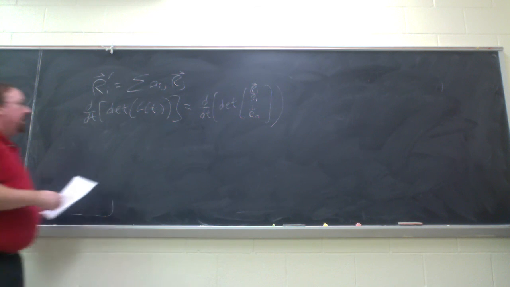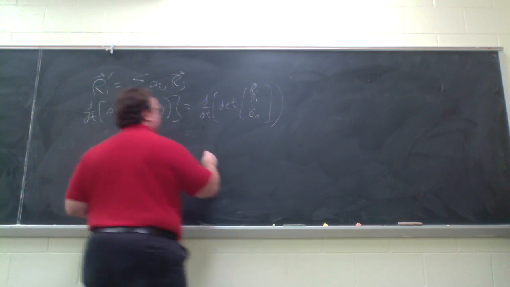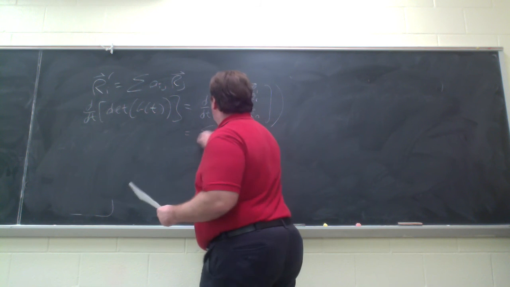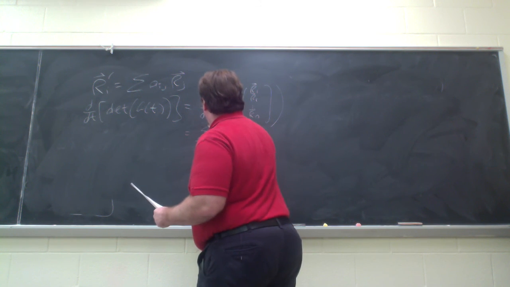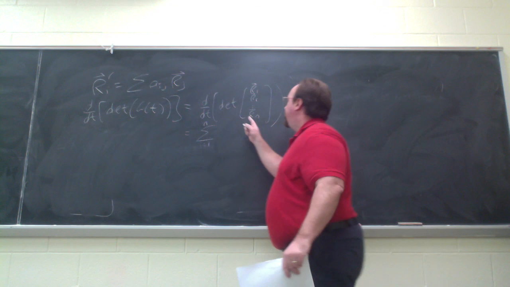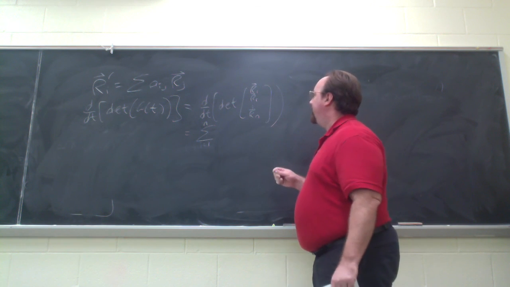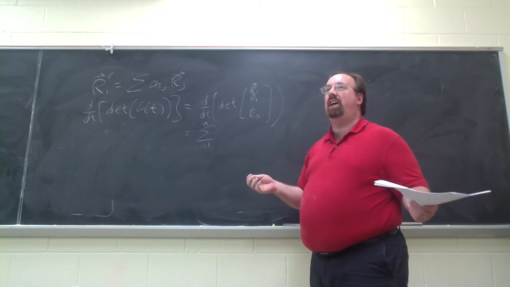Now, what happens is, and you're going to have to take this on faith because there's no time: when you take the derivative of a determinant, it has a product rule-like relationship.